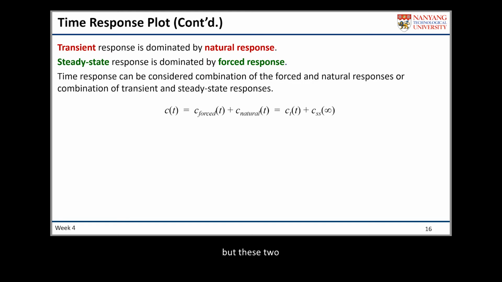But these two are not the same thing, so it doesn't mean that transient is the homogeneous solution and steady state is the particular solution. No, it doesn't mean that. All I can say is that transient is dominated by the homogeneous and steady state is dominated by the particular solution.